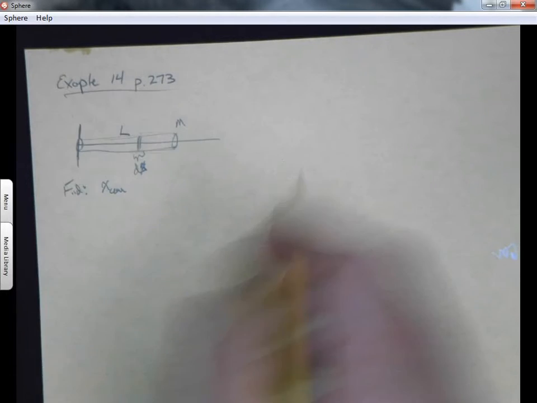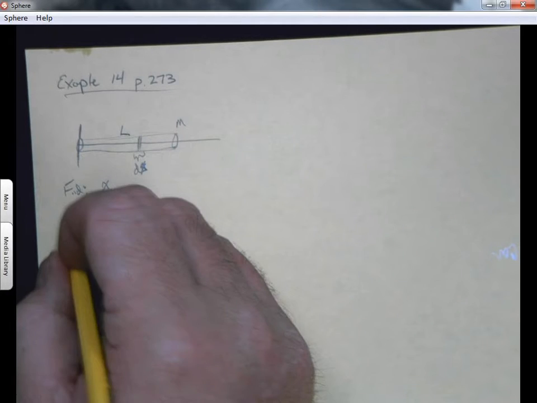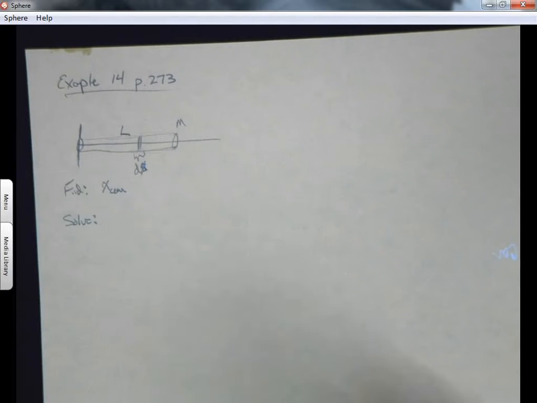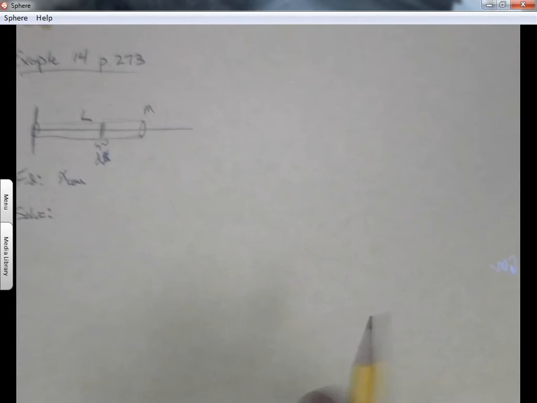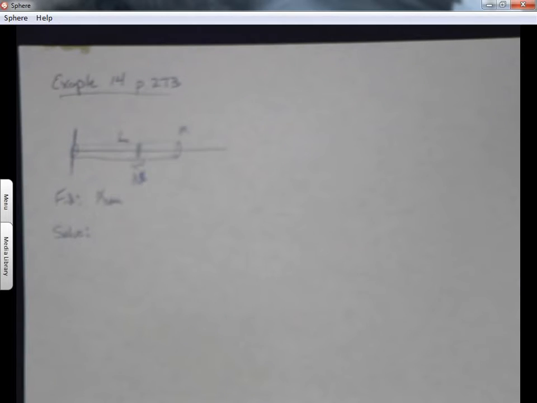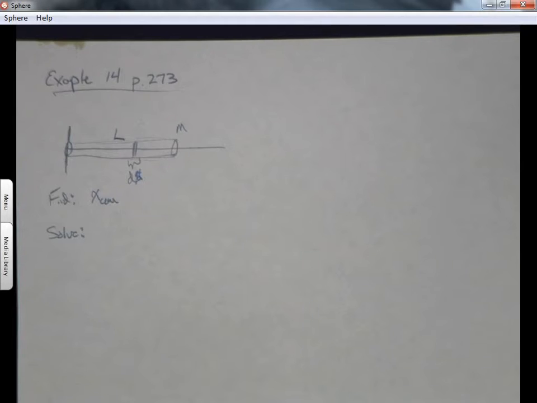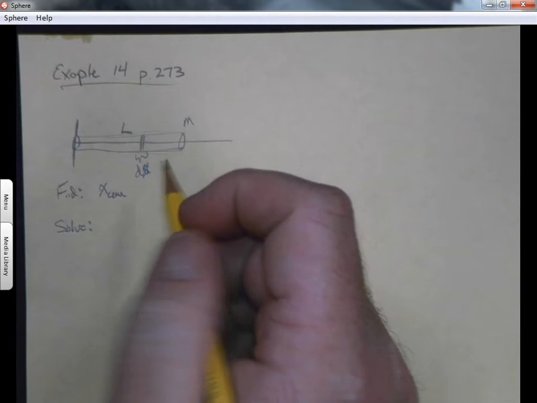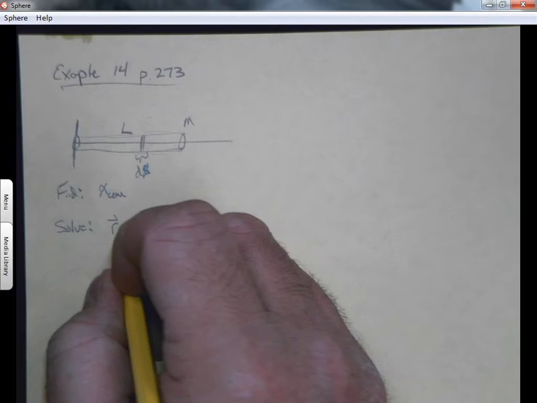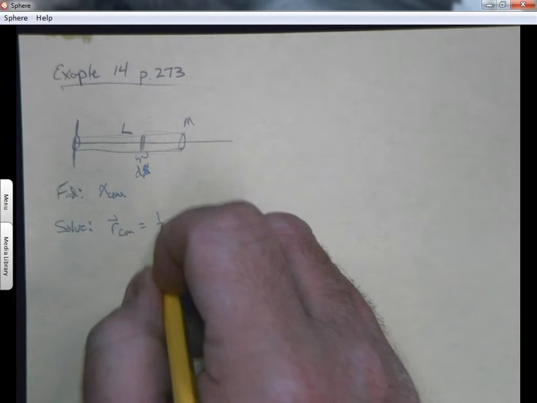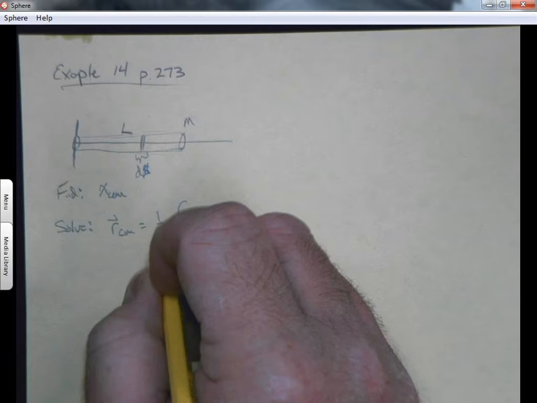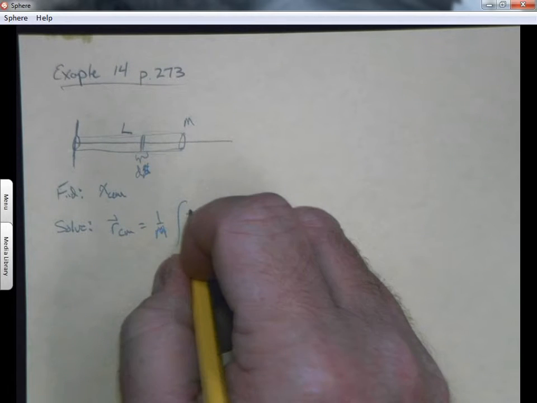So in this case, we're going to solve for the position: r equals 1 over big M, the total mass, integral of r dm.